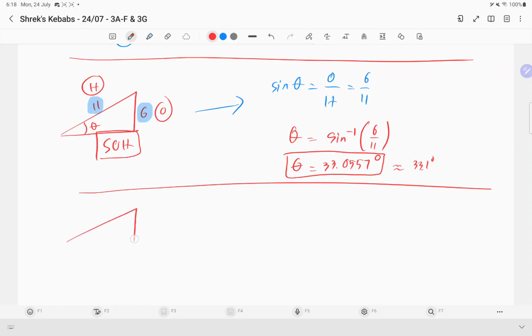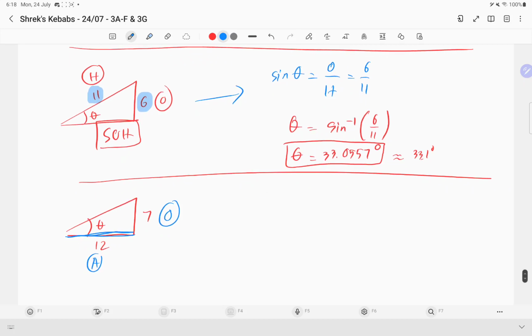Sometimes you will need to use a different rule. So for example, let's say same angle theta here, but then we have this side is 5, right? Let's say this one is 7 and this one would be 12. So now let's see what side we have here. Not the hypotenuse. Now this side is the opposite side, right? And then this side is the non-hypotenuse side adjacent to the angle, so that's the adjacent side.